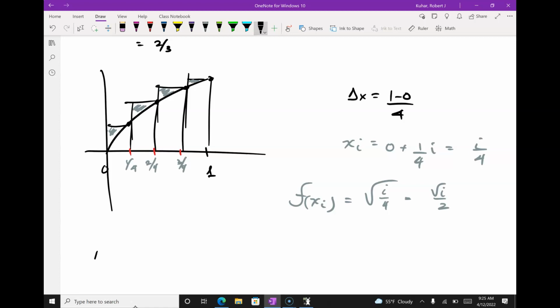Now, I know the area is going to be approximately the sum of i equals 1 to 4 of square root of i over 2 times 1 over 4. Sorry, delta x is 1 over 4. Right? You with me?